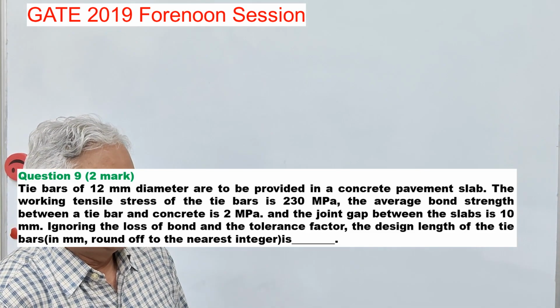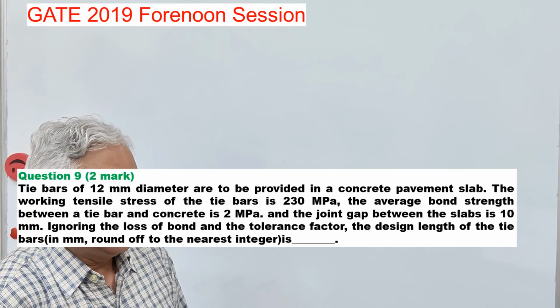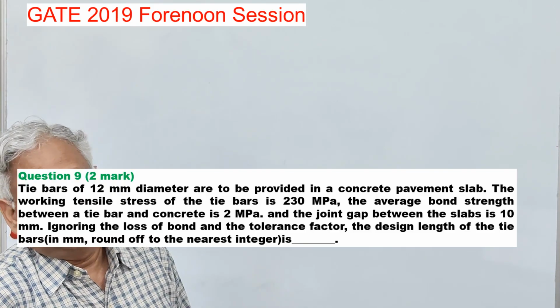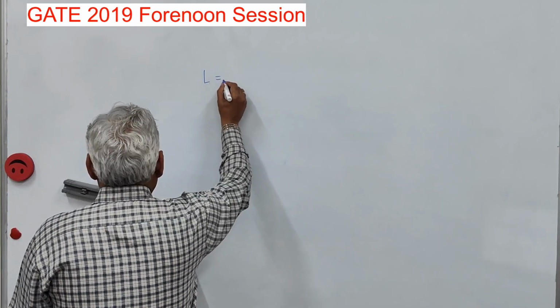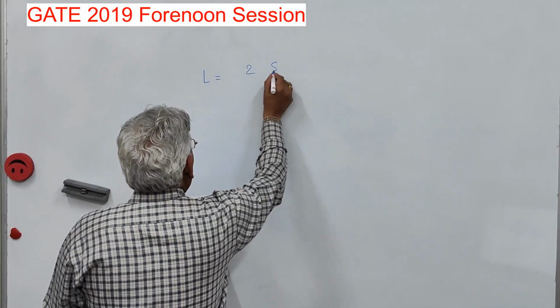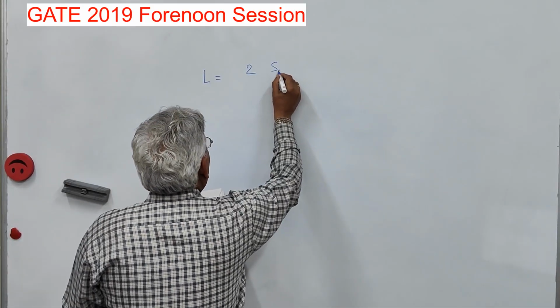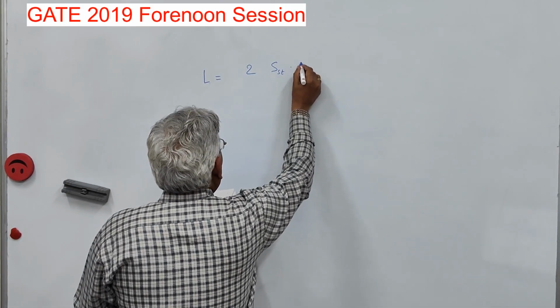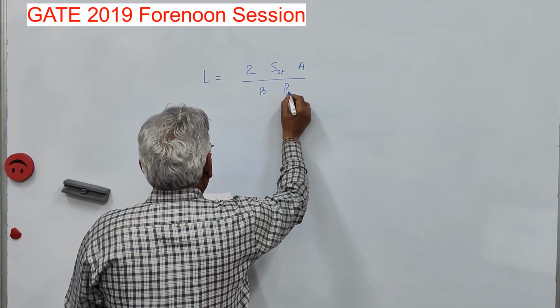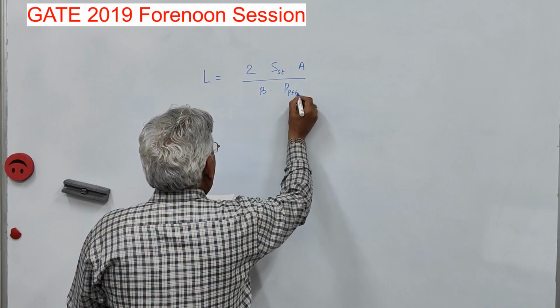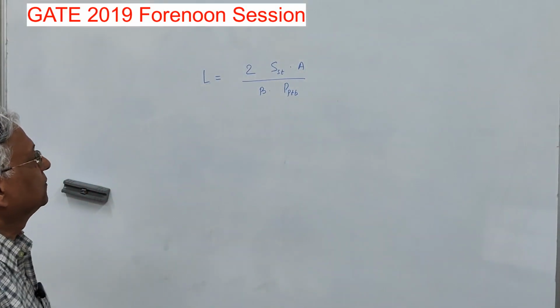Ignoring the loss of bond and the tolerance factor, the design length of the tie bar in millimeter will be. Now, length of tie bar is given by this equation: 2 into Sst into A upon B into P.